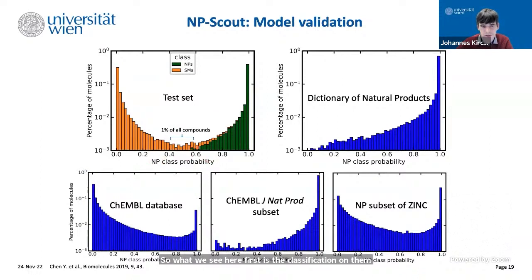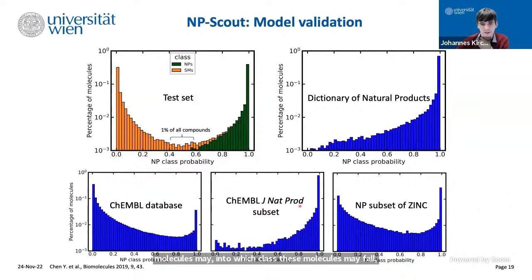And on the test set, we see that this classifier really works well, and it can distinguish the natural products here in green very well from the synthetic molecules. And there's only very few, only 1% of the compounds are assigned a probability value close to the decision threshold. So which means that here we have some uncertainty about into which class these molecules may fall.